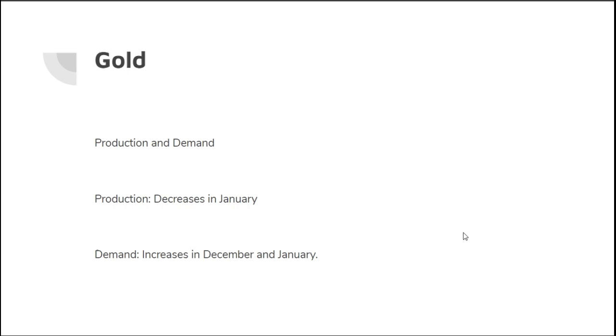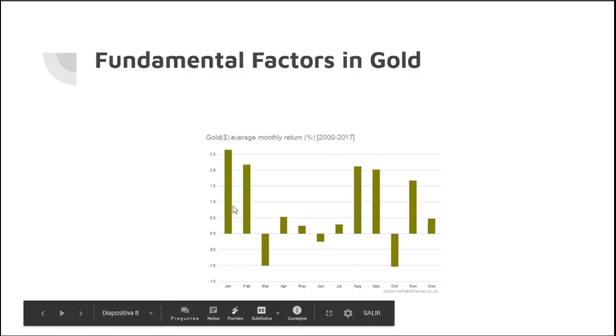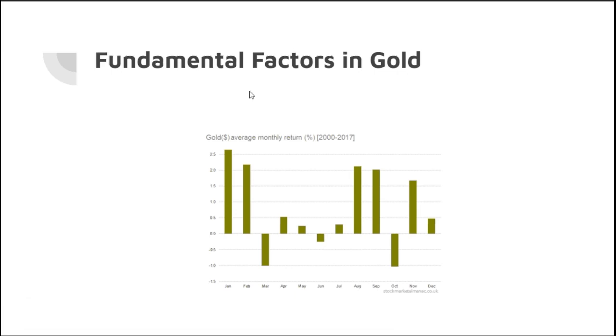But in the same month the demand increases, both in December and January. Why does demand increase here while supply is decreasing? This is due mostly to hedge funds and mutual funds that tend to rebalance their portfolio according to perceived risks for the year. Let's say we have a year with a very bad macroeconomic outlook.